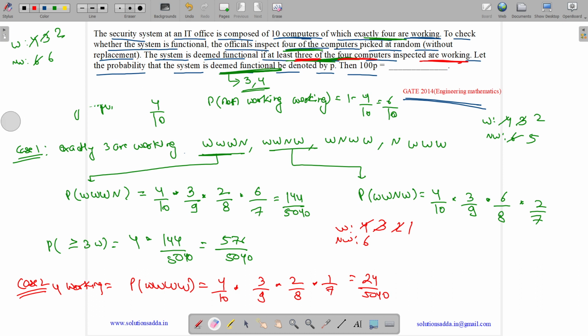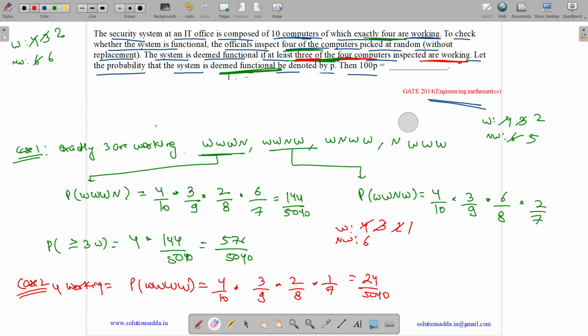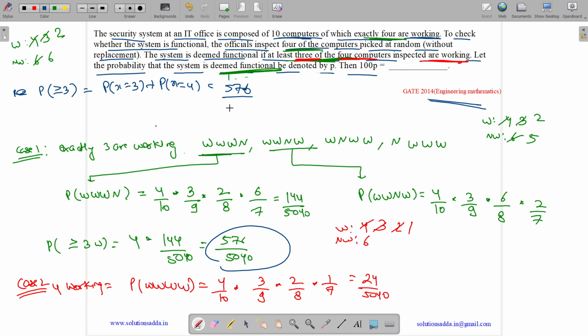So what is our total probability? Let me write it over here. So our final probability P equals probability of more than 3 working, which equals probability of 3 working plus probability of 4 working. Probability of 3 working is 576 by 5040 and probability of 4 working is 24 upon 5040.